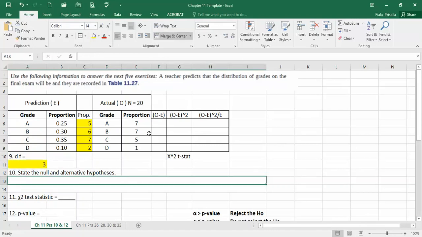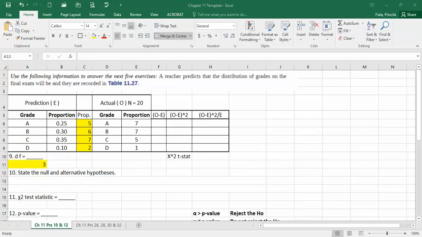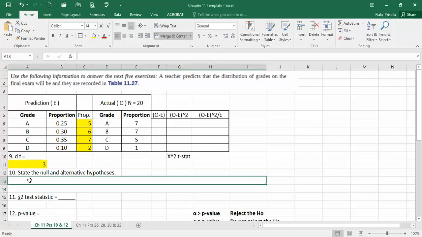Very important. I just told you that we are going to state the null hypothesis and the alternative hypothesis in sentences. So the way you can do this is to say that your null hypothesis is that the observed class grades fit the expected grades.